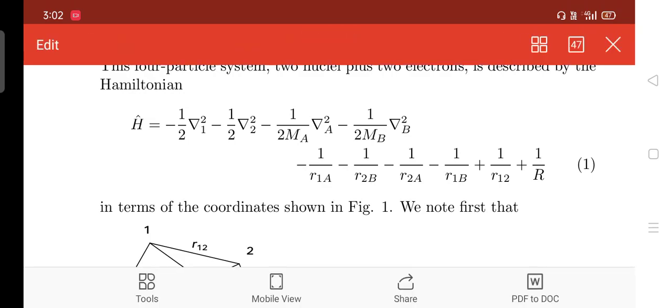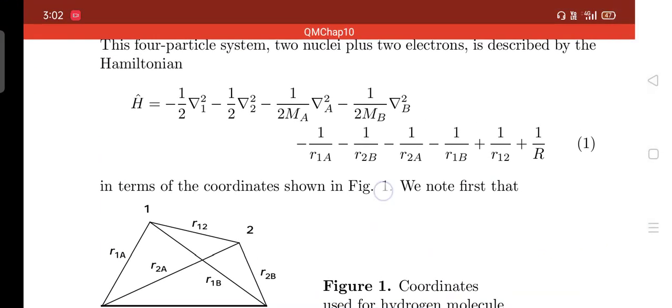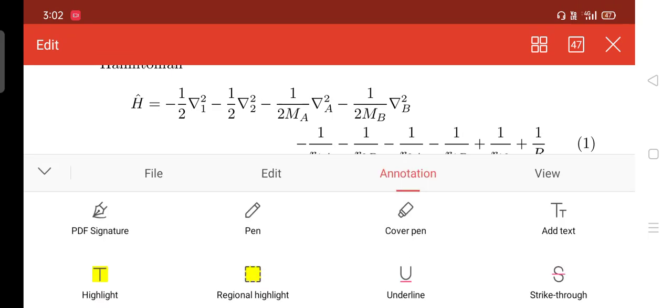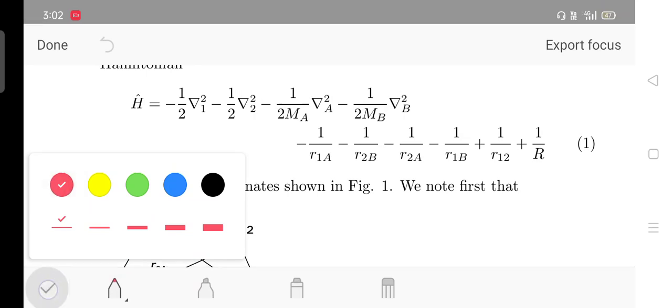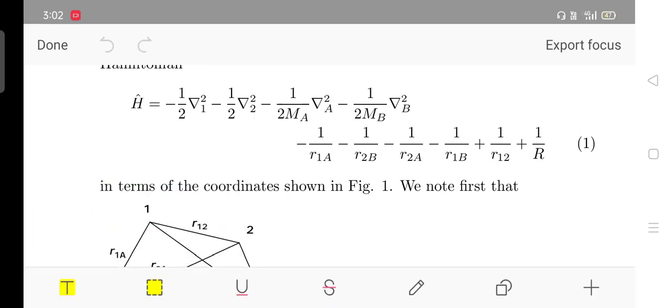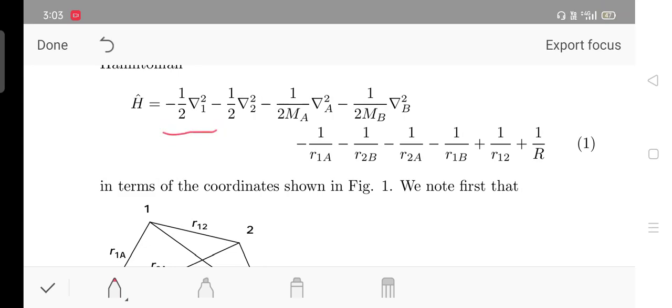Minus del 1 square is the kinetic energy of the first electron. Minus del 2 square is the kinetic energy of the second electron.